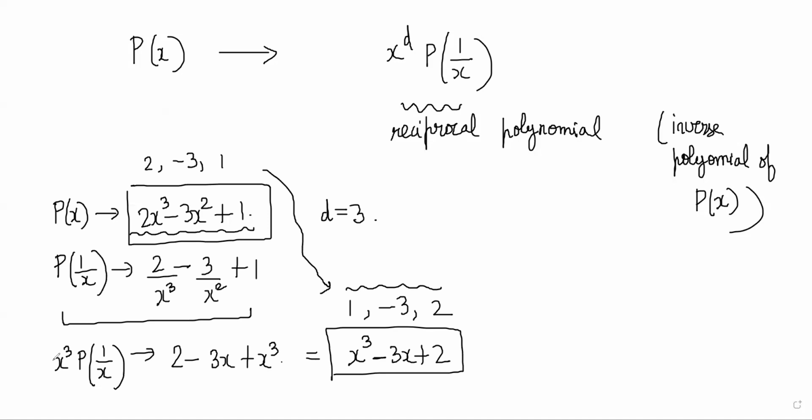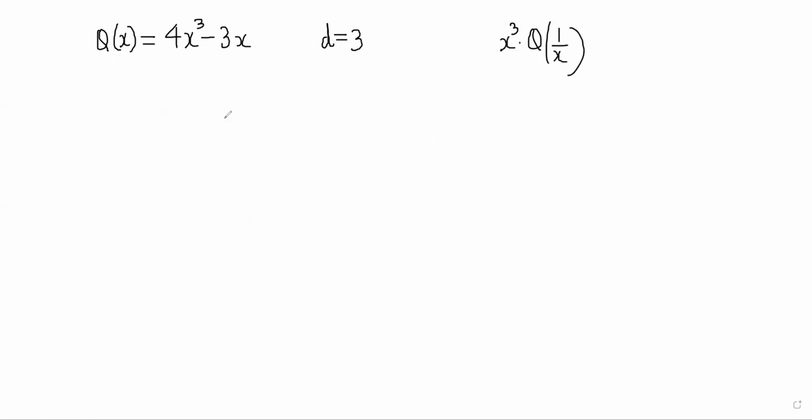Let's take another example. Let's take this particular polynomial. Q of x is equal to 4x cubed minus 3x, right? Notice that the degree is 3. So in order to calculate the reciprocal, I should multiply x cubed with q of 1 by x, right? So let's calculate q of 1 by x first.